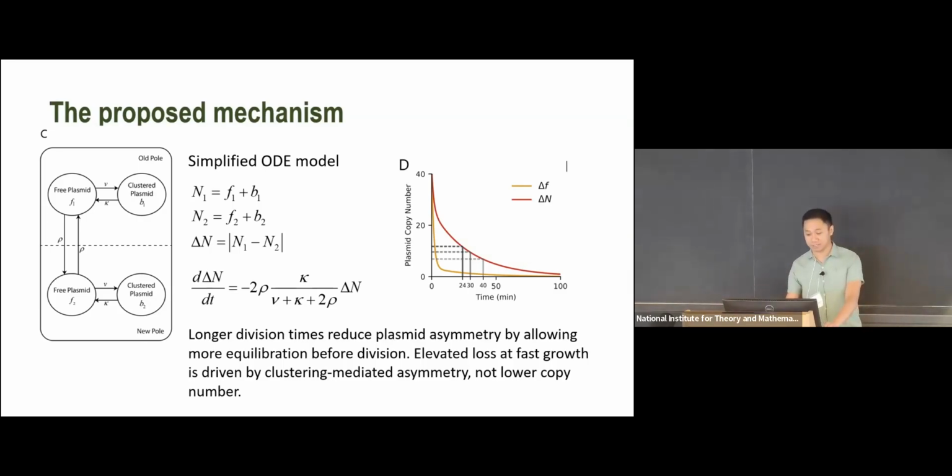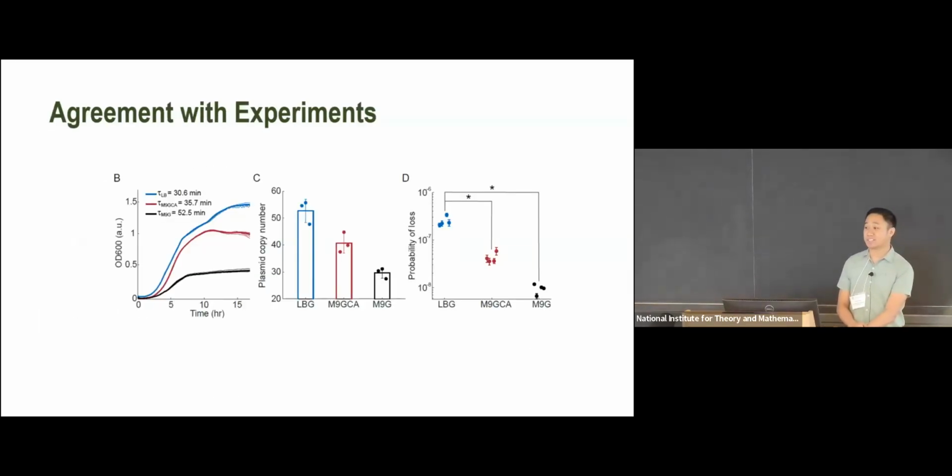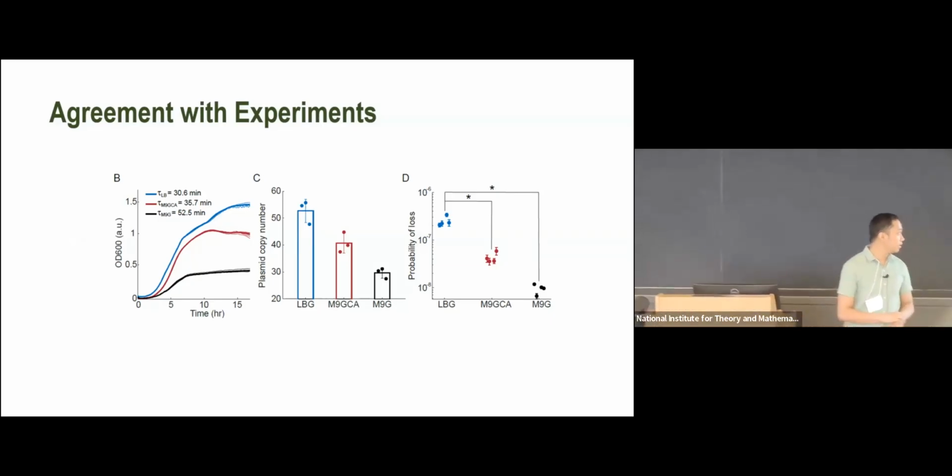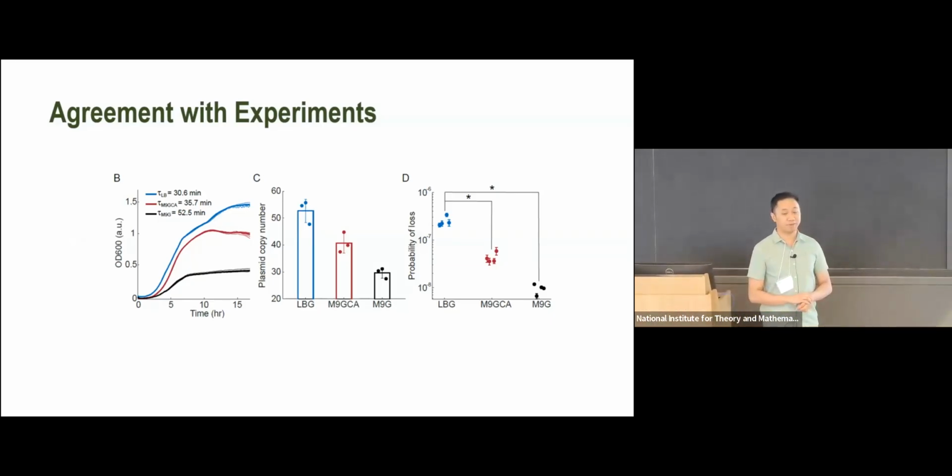So what we did was to design an experiment looking at 3 possible division times as 30, 35.7, 52.5 from top to bottom. And then the copy numbers are given in panel C. So for the top one, the fastest growing, it's around 50. The second fastest growing is around 40 copy numbers. And then the last one has copy number around 30.